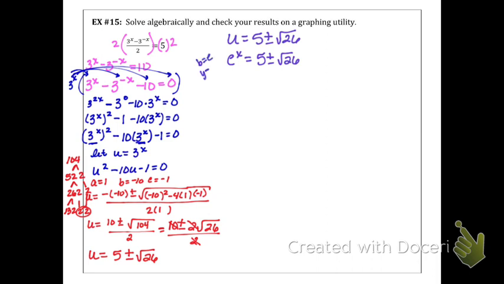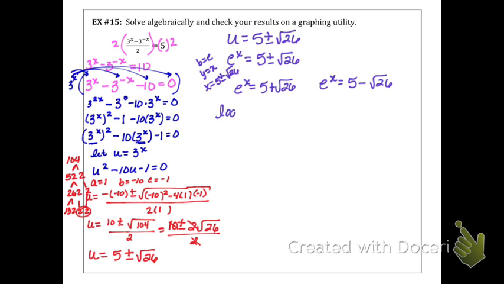B to the y, so my y is the x, and my x is 5 plus or minus square root of 26. So actually I'm going to write this out 2 different times. So I'm going to have e to the x equals 5 plus the square root of 26. And I have e to the x equals 5 minus the square root of 26.